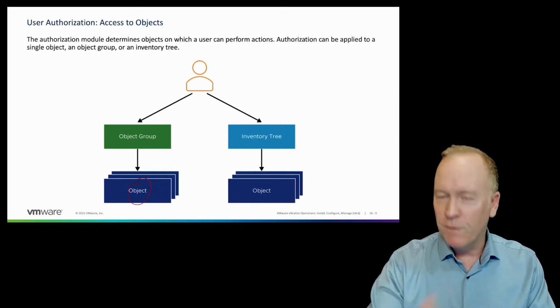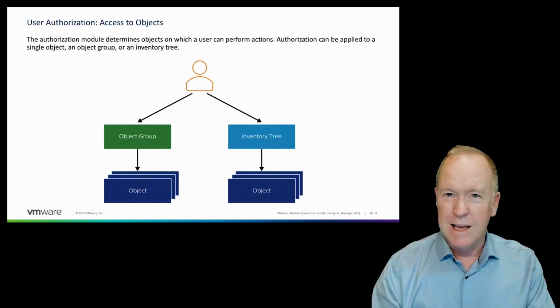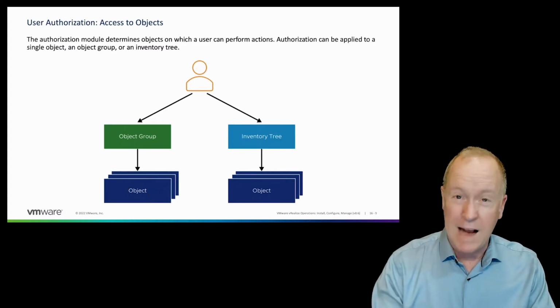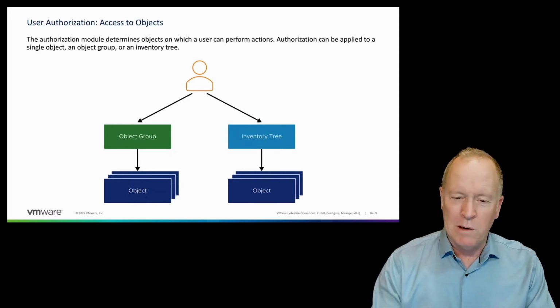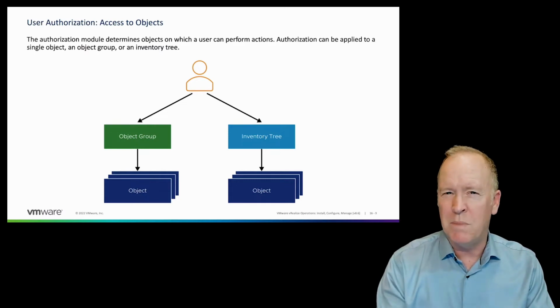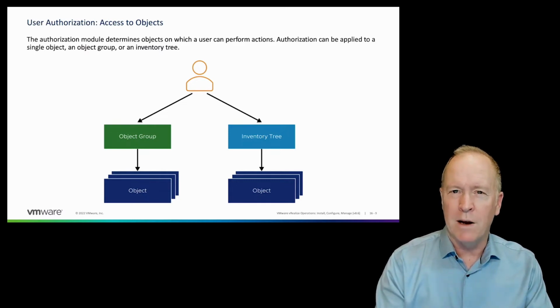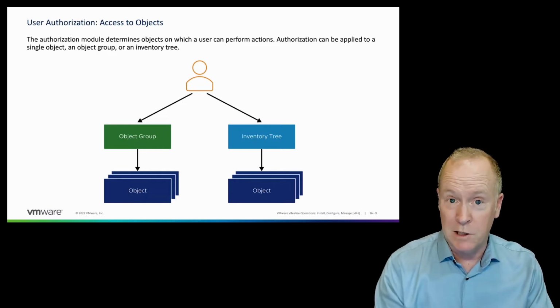But your vRealize operations environment is monitoring so many different objects that assigning access to individual objects is probably going to be cumbersome. You can do that where necessary, but what you need in general is the ability to specify a bunch of objects that you want the user to have access to.